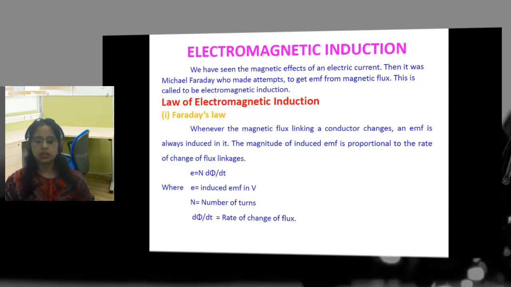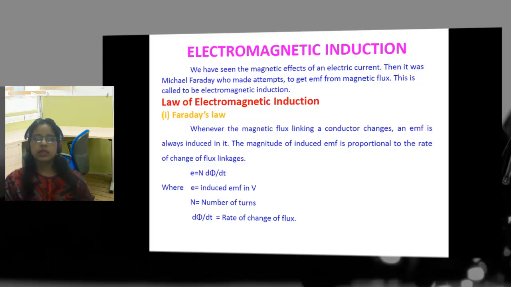Now let us understand what Faraday's law is. Whenever the magnetic flux linkage linking a conductor changes, an EMF is always induced in it. So see, whenever some current is made to flow through the conductor, the magnetic flux is created, right?